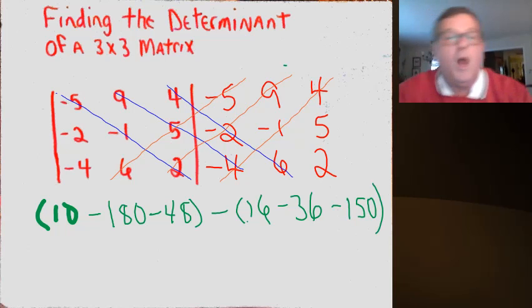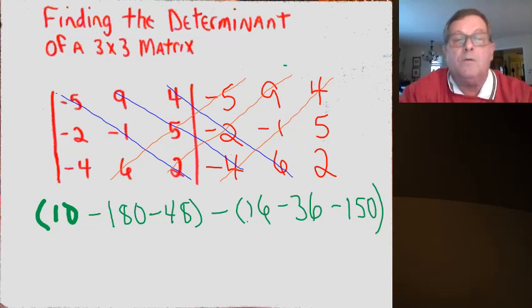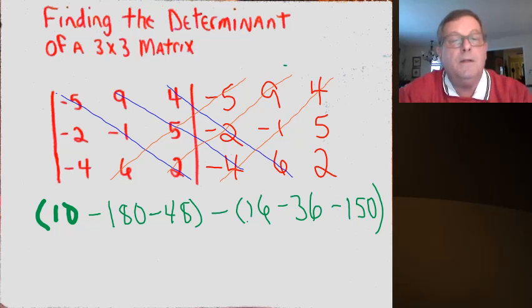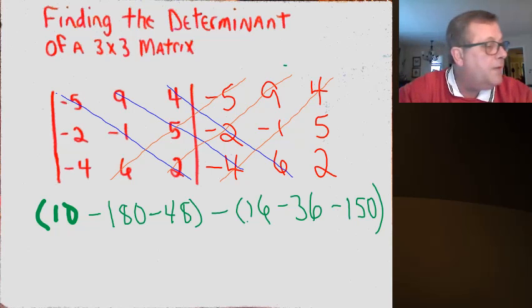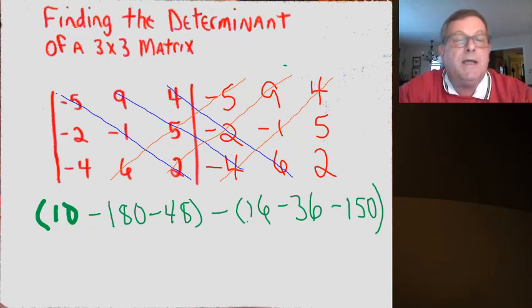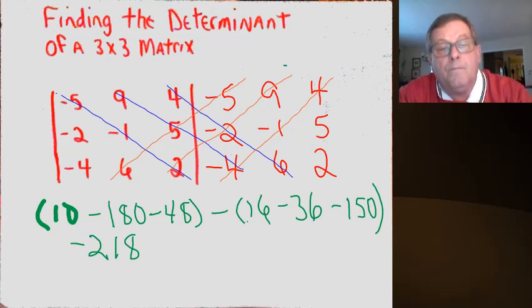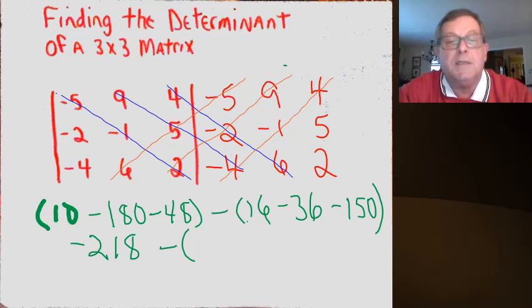So I'm going to take the product of all these diagonals that I've just done, going from left to right and then right to left. And I'm going to solve this inside the parentheses and then subtract one from the other. So I got 10 minus 180 minus 48. Well, that's going to give me minus 218, minus whatever's inside this next parentheses.